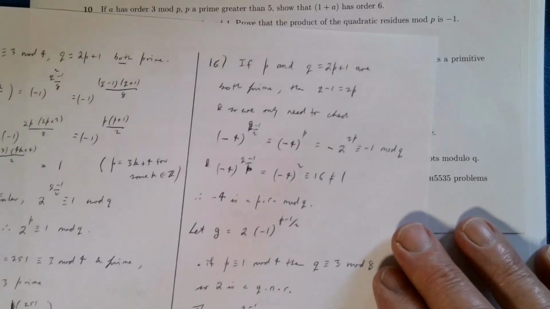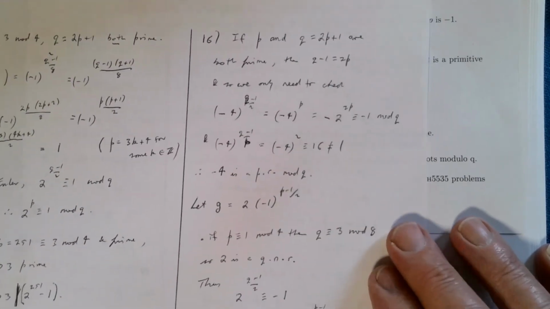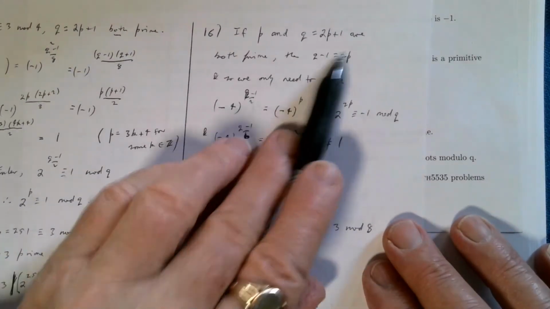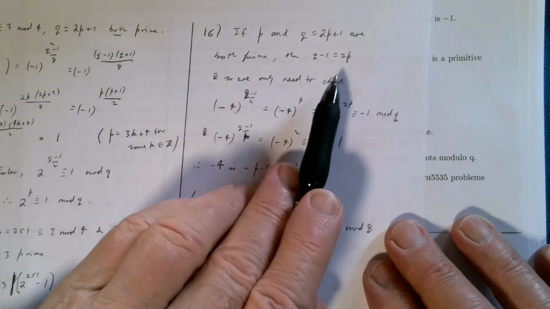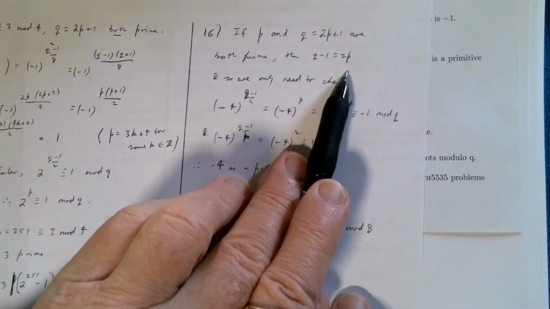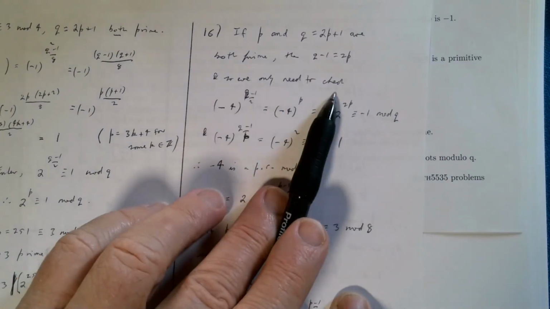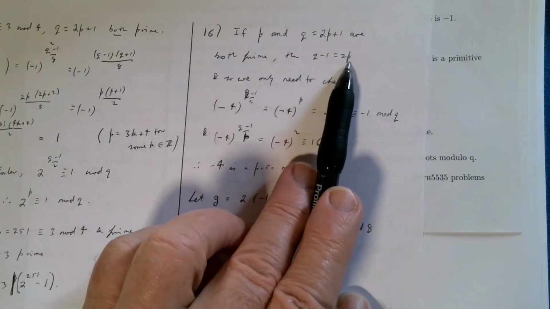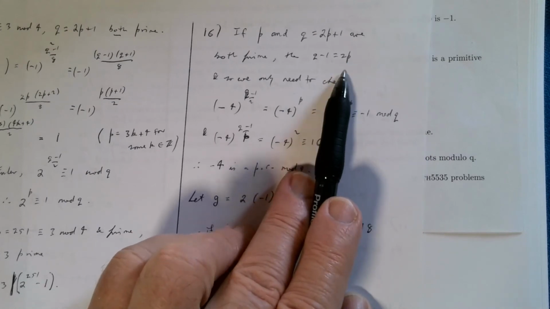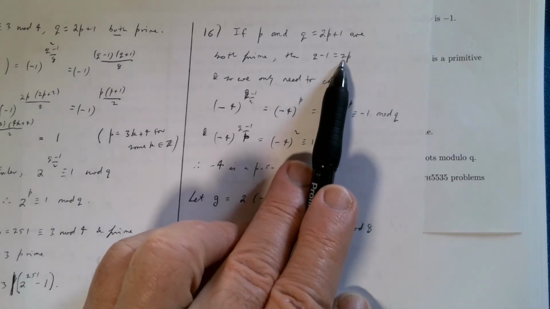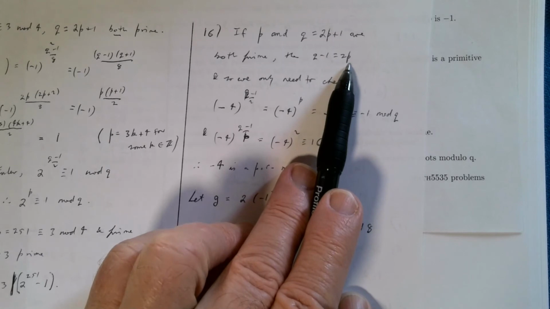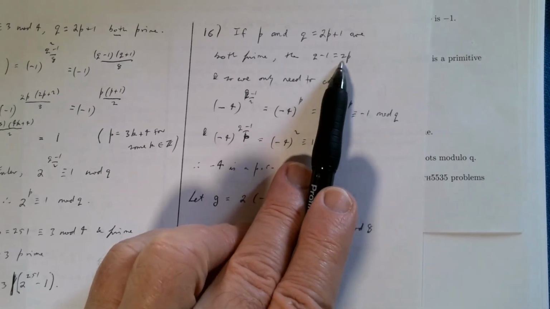So again, we've got p and q equals 2p plus 1 both prime. Then that means q minus 1 is 2p. So we only need to check the prime factors, and p is an odd prime, so the only things we have to check are this divided by p, which is 2, and this divided by 2, which is p.